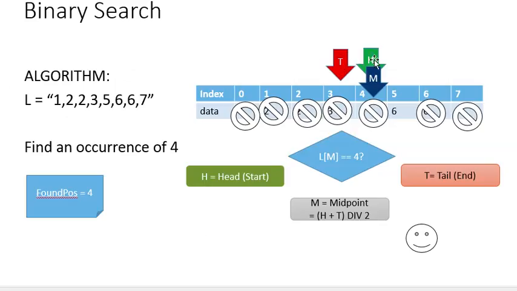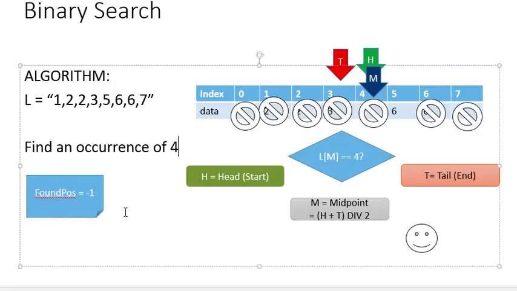The head and the tail have overrun each other, and when that happens, we go, ooh, we've not found what we were looking for. That situation can only happen when I've run out of elements to still search. The head and the tail have gone past each other like two ships in the night. End of algorithm, stop. That is the end of a failed binary search.